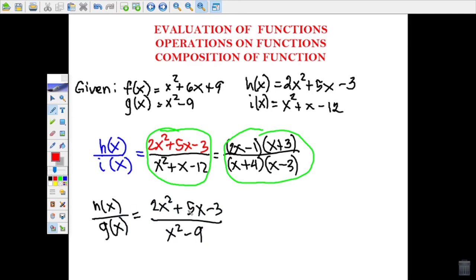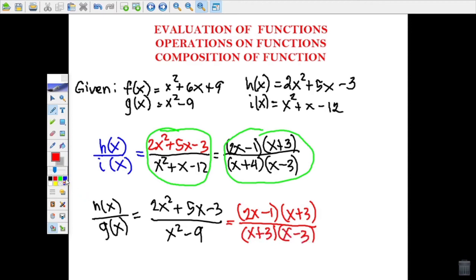So alam na natin kung paano i-factor si 2x squared plus 5x minus 3, yung nasa taas. So 2x minus 1, x plus 3. And we also know the factors of x squared minus 9. Kasi difference of 2 squared lang siya. So therefore, that is x plus 3, x minus 3.